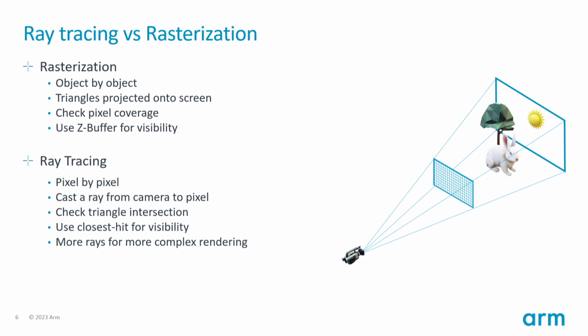So to be more efficient, we usually do it the other way around and trace the rays from the camera into the scene, one ray per pixel, so that we can check what is the closest object that each ray hits, and this way paint the final image. Note that we do not need to stop at one ray per pixel.